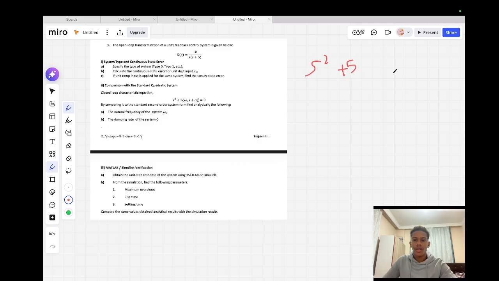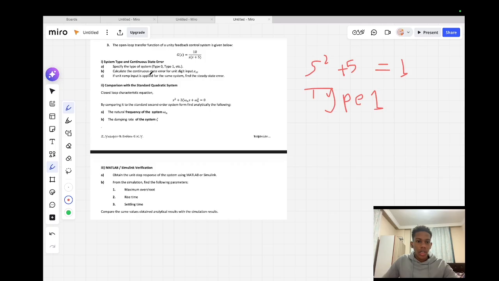So in this denominator, the type is equal to 1, type 1, because here the highest order is 2.